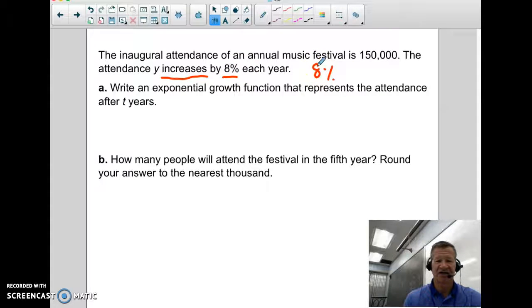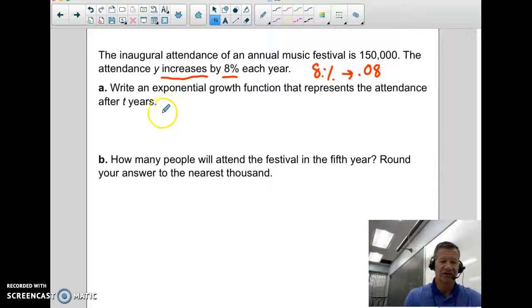So 8%, you always move the decimal 2 places to the left, so the decimal representation will be 0.08. Write an exponential growth function that represents the attendance after t years, not knowing t.